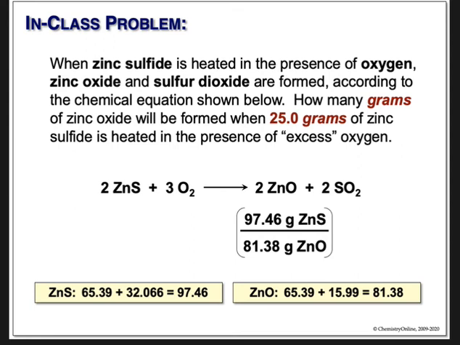Now, when we look at our problem, our X is going to be grams of zinc oxide. Our given is going to be grams of zinc sulfide. So we can just write our ratio. That's X, and that's the given.